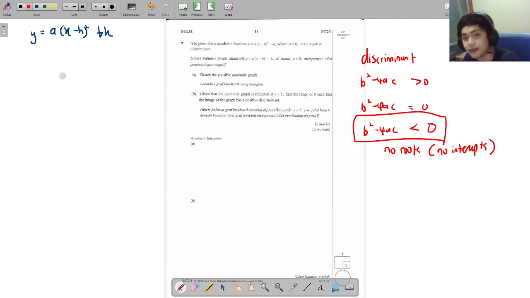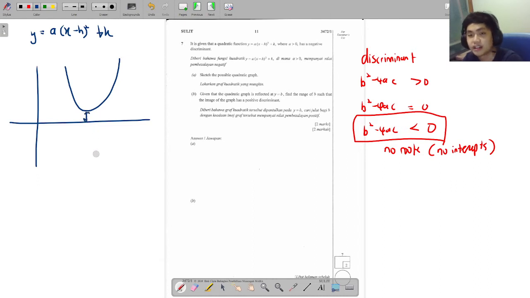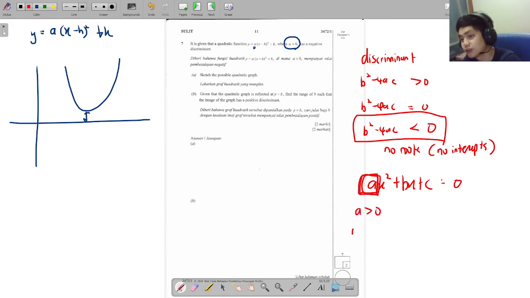So the graph is expected to look something like this, right? It's not going to touch the x-axis here. So we can have the rough sketch like that, and a is greater than 0. So for a greater than 0, we know that from the general form ax squared plus bx plus c equals 0, as long as the term in front of x squared is greater than 0, we consider it as a minimum graph.